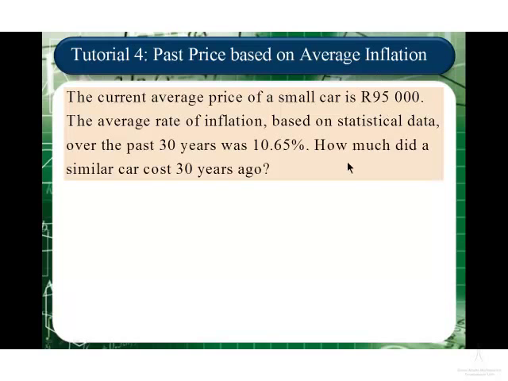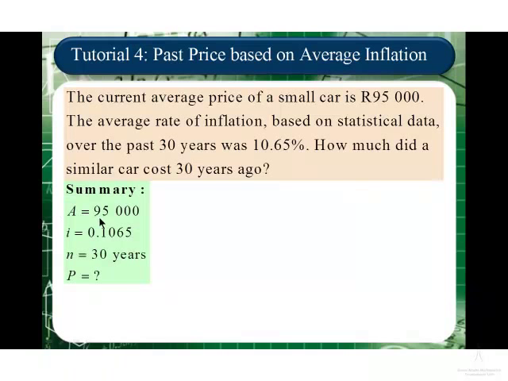So this then represents the accrued amount, 95,000, and we have the average interest, that's obviously inflation over the past 30 years, as 10.65%, which translates to I equal to 0.1065 in this case. 30-year period means N is equal to 30, and we're really interested in the principal amount. What did a car cost 30 years ago?